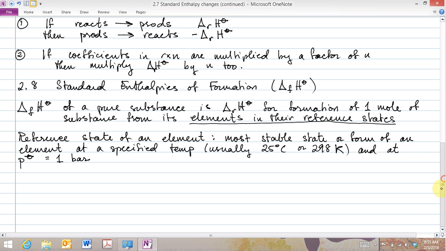Let's look at some examples of reference states of elements. Well, what would be a reference state for mercury at 298 Kelvin?